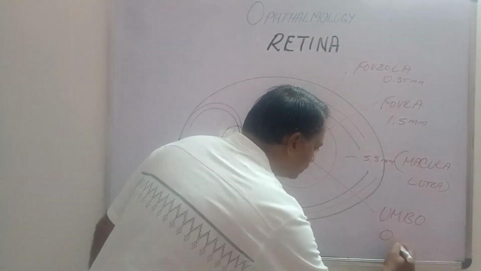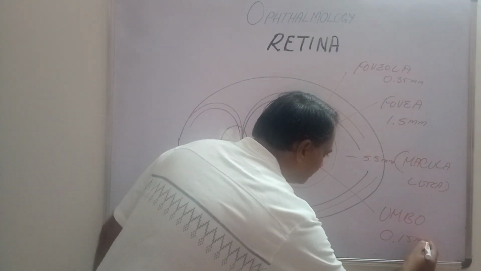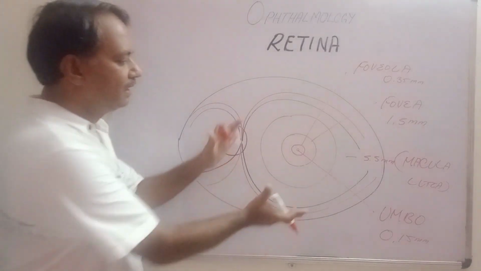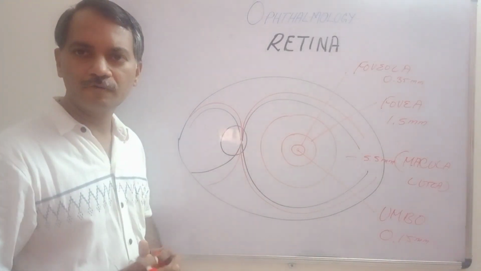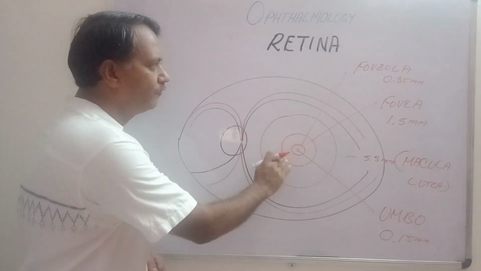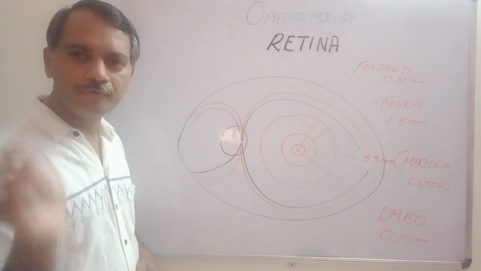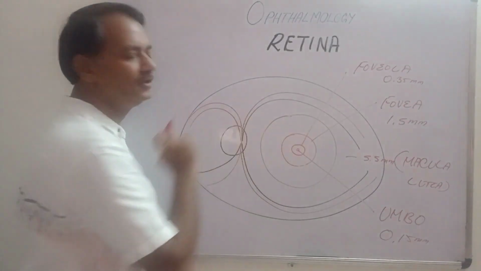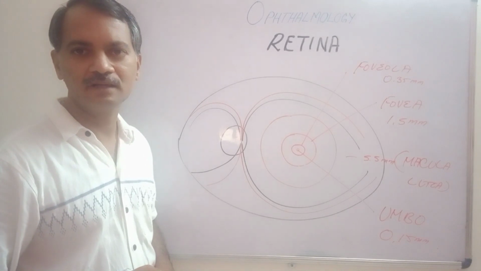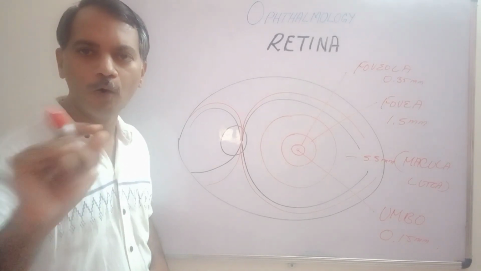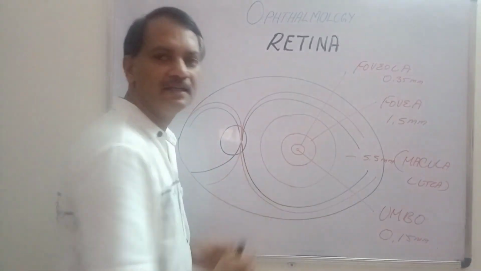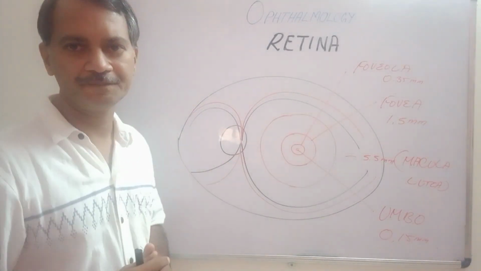This is about 0.15 millimeters. So you can see that the macula is about 5.5 millimeters. 1/4 of the macula is the fovea. 1/4 of the fovea is foveola, and in the center there is a small depression that is called the umbo.